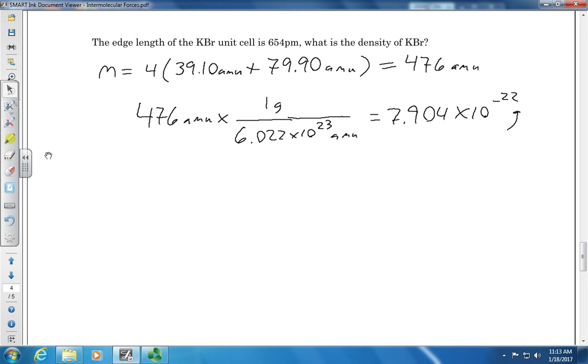That's going to be our volume. We know that because it's a cubic cell. So V is equal to a cubed, which is equal to 654 picometers cubed.